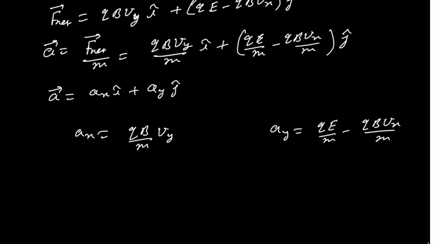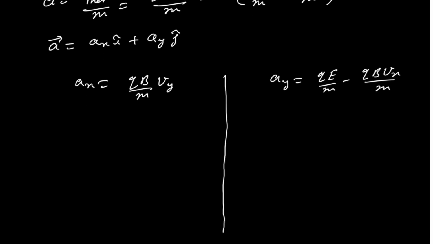So in ax we see Vy and in ay we see Vx. This is a very interesting thing, and in some problems you will find this type of thing, where with ax you will find Vy, and with ay you will find Vx.